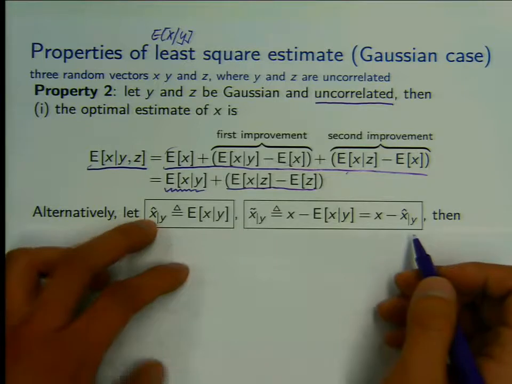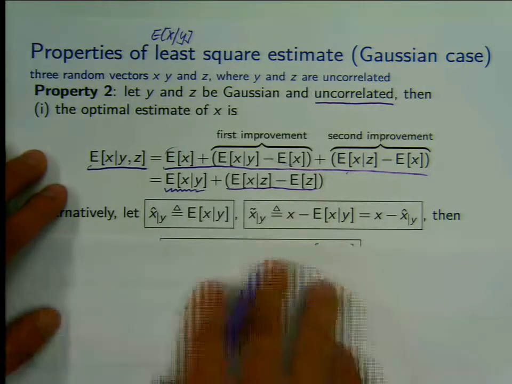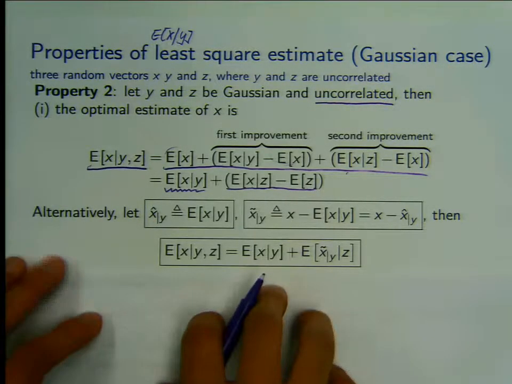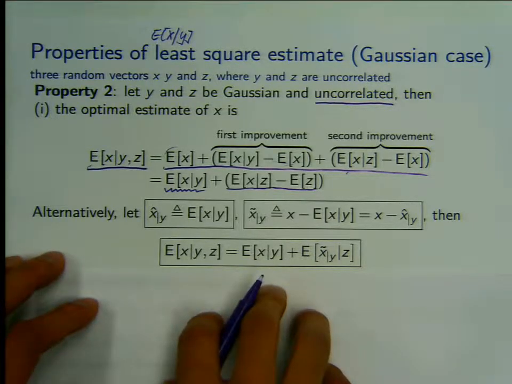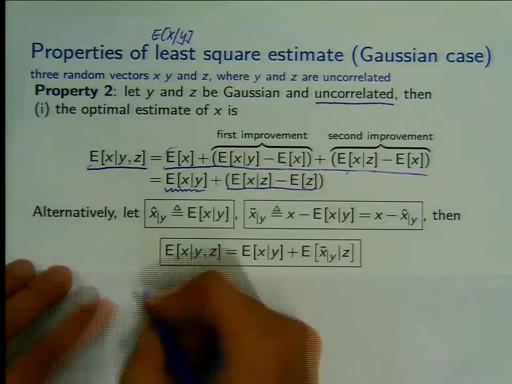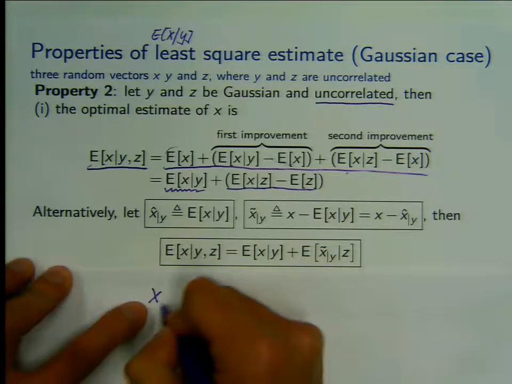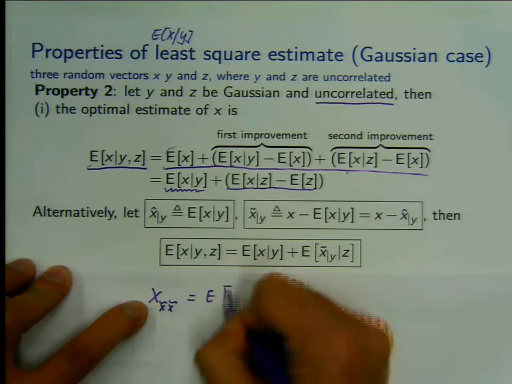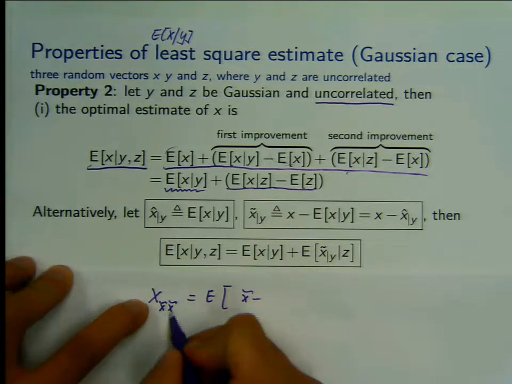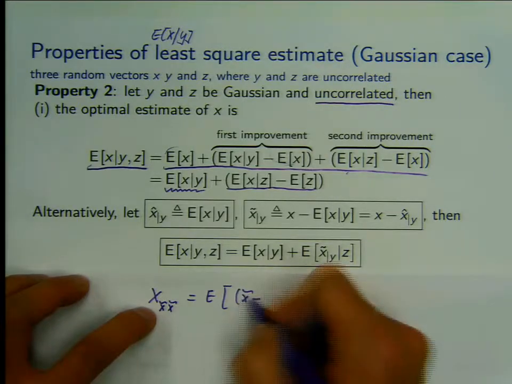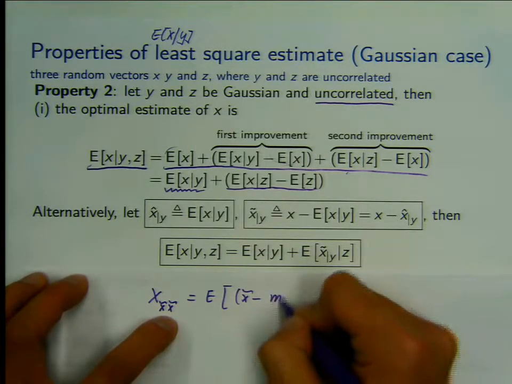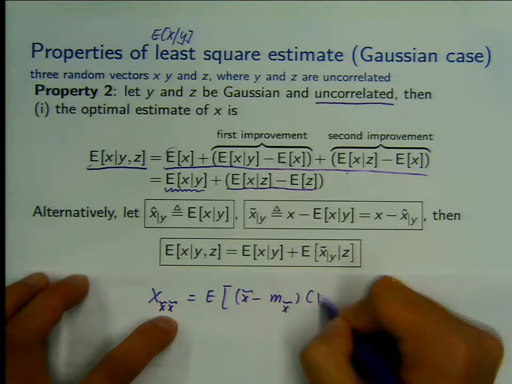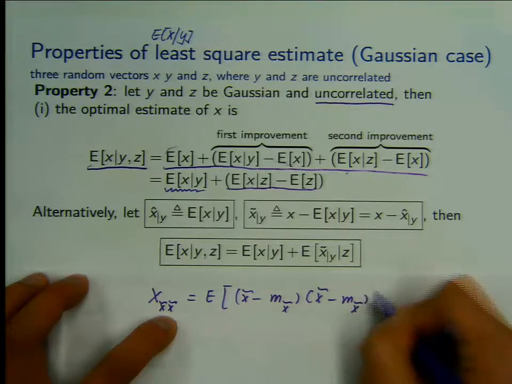Is this result here? Okay. I'm going to also introduce, so this will be used later, the covariance of x tilde, which is the expectation of x tilde minus m x tilde times x tilde minus m x tilde transpose.